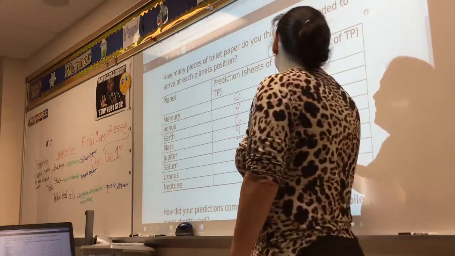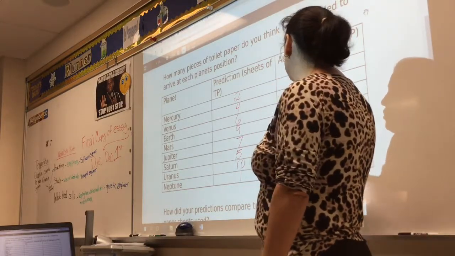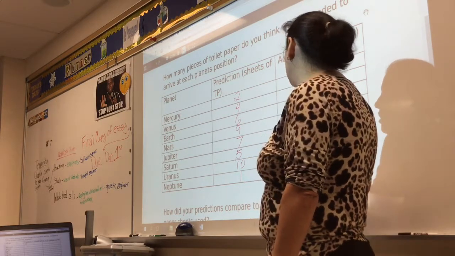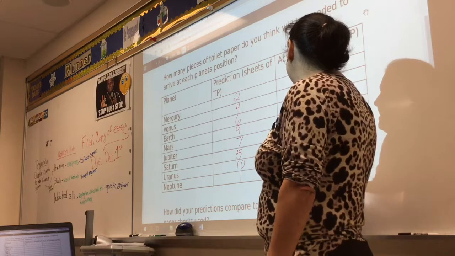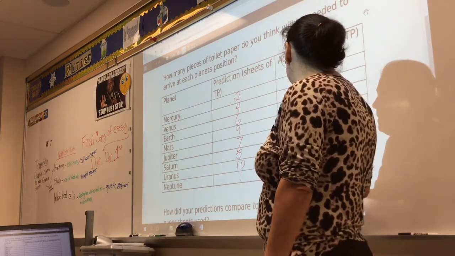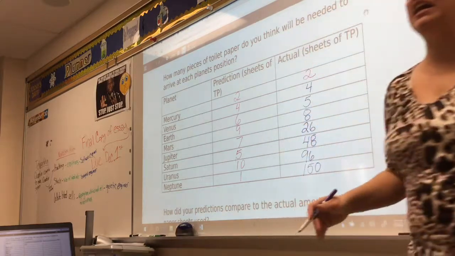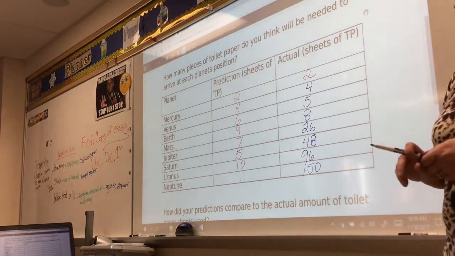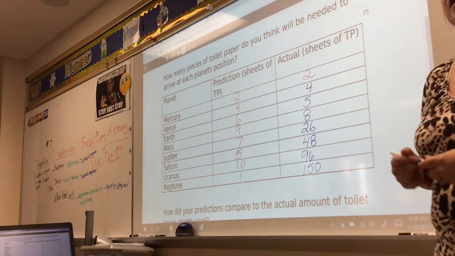There was 26 sheets between Mars and Jupiter, 48 sheets between Saturn and Jupiter. There was 96 sheets in between Uranus and Saturn, and 150 sheets between Neptune and Uranus. We didn't know.